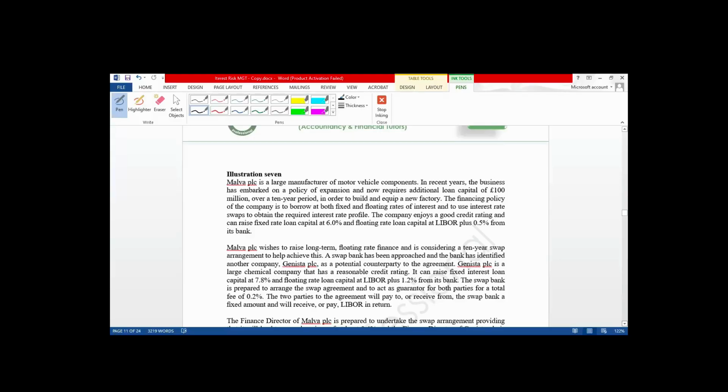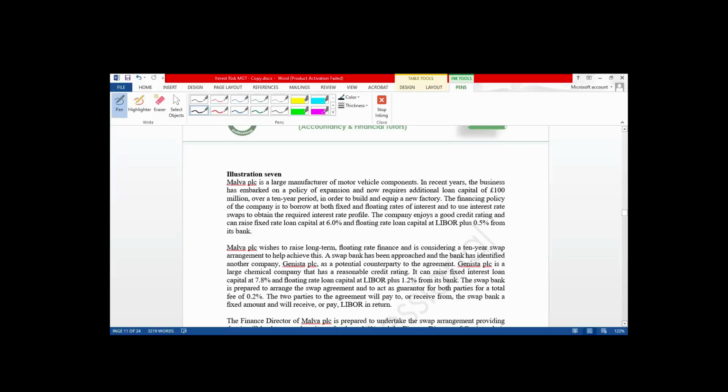The financing policy of the company is to borrow at both fixed and floating rates of interest, and to use interest rate swap to obtain the required interest rate profile.